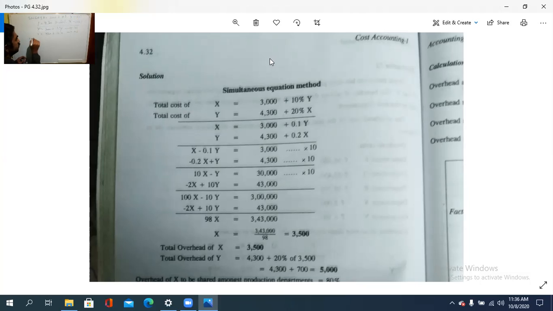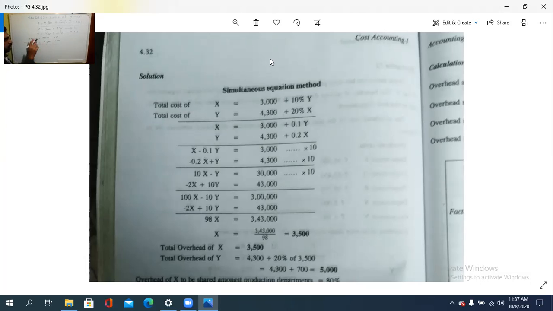X minus 0.1Y is equal to 3000. Why should we multiply it? Multiply by 10. Similarly, in the second case, X comes first, so moving outside, it is minus 0.2X plus Y is equal to 4300. That is also multiplied with 10.